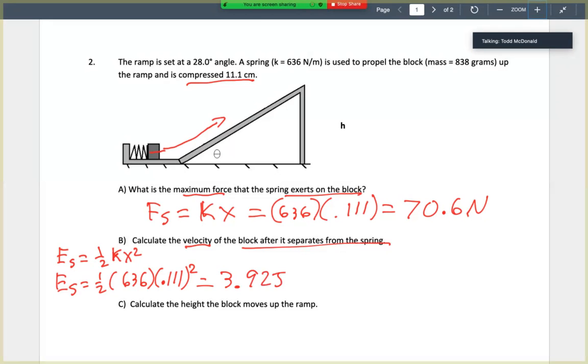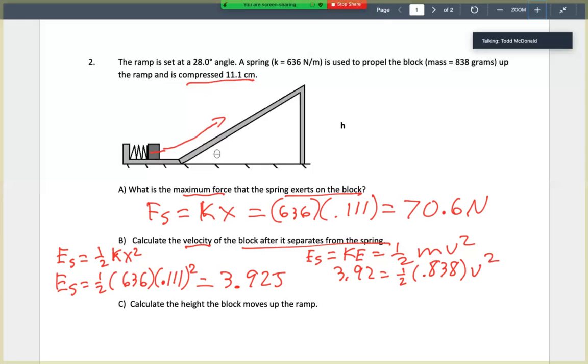What's going to happen? All of that spring energy gets converted to kinetic energy, and then we can set that equal to 1/2 mv squared. So we're going to take our 3.92 is equal to 1/2 times, let's look at the mass of the block, 0.838 kilograms, right? Because it says 838 grams. We're finding V again, so it's the same idea.